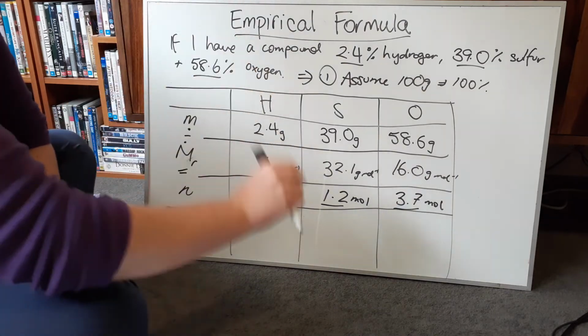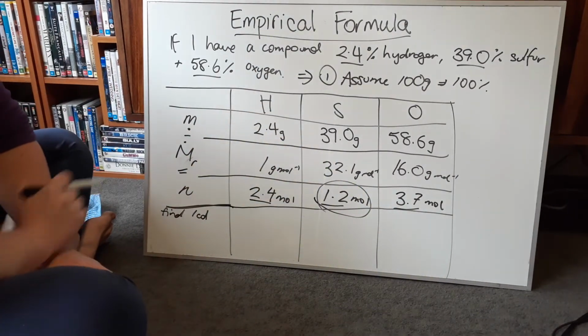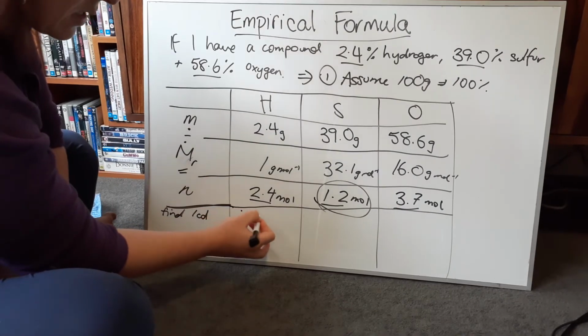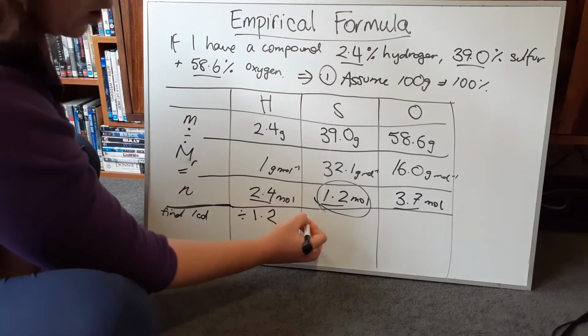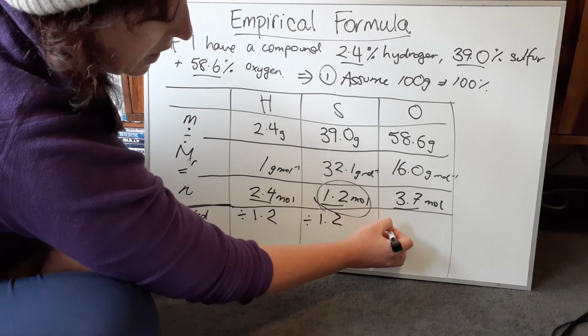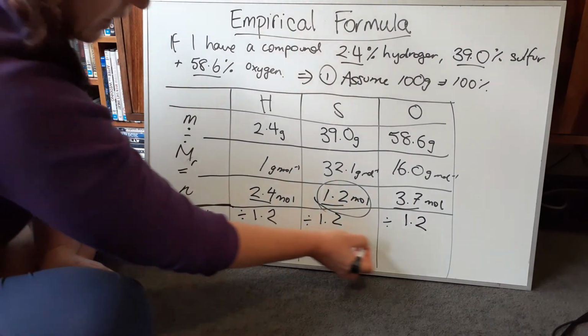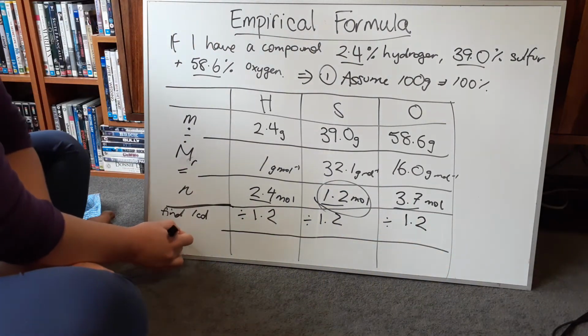The smallest number here is the 1.2. So I'm going to divide this by 1.2, I'm going to divide this by 1.2, and I'm going to divide this by 1.2. And then when I get that out here, I have my ratio in whole numbers at the bottom.